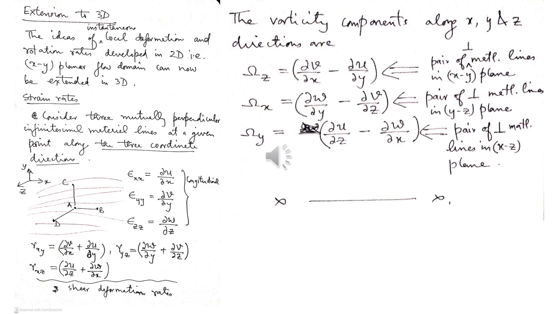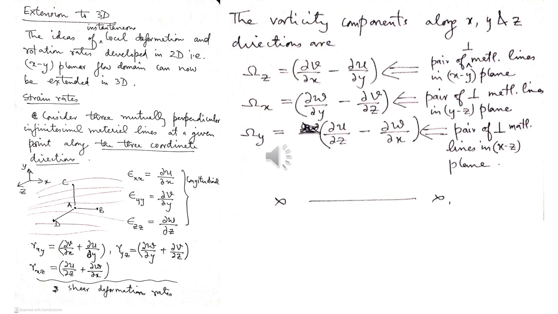This is the invariant omega theta plus pi by 2 associated with the pair of perpendicular material lines in the xy plane. So you will have two such additional numbers in 3 dimensions.